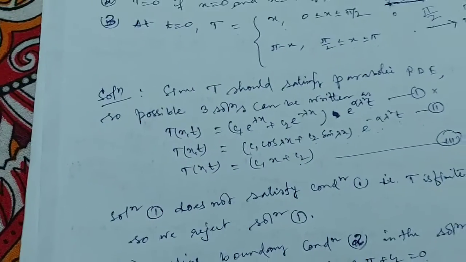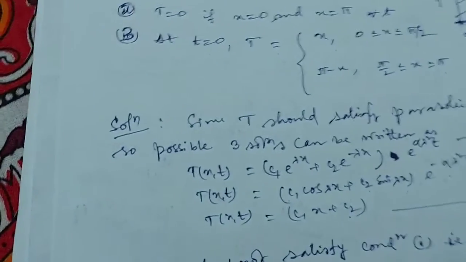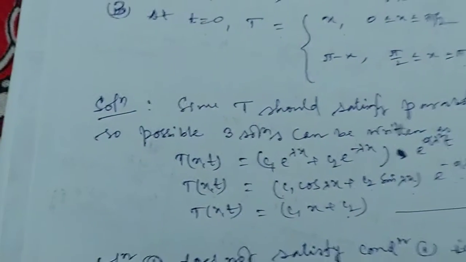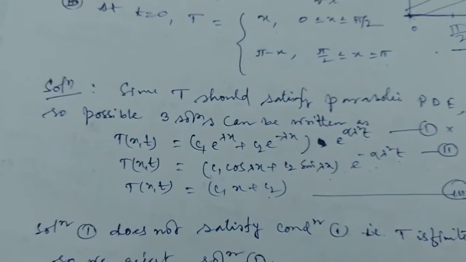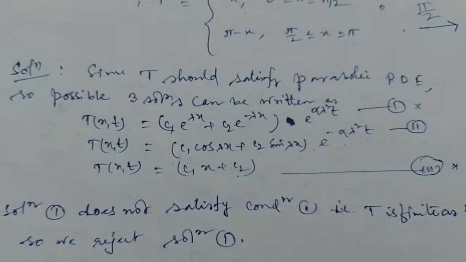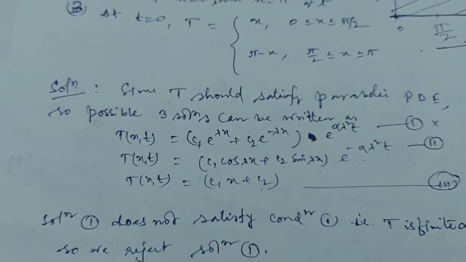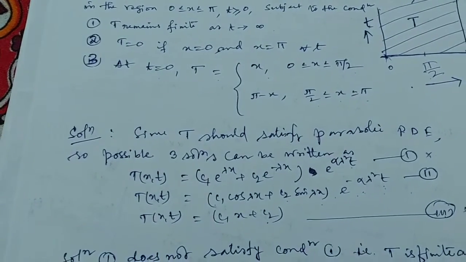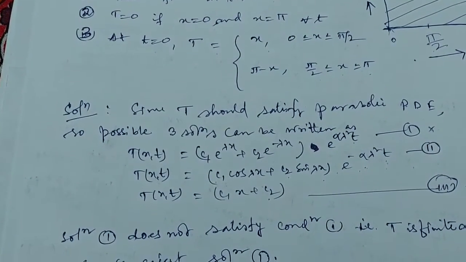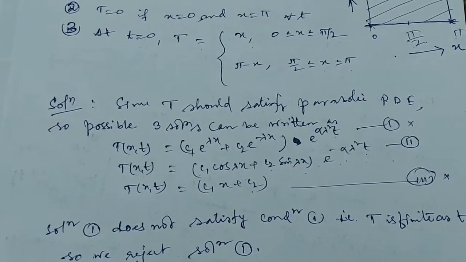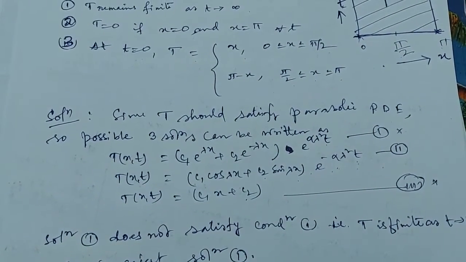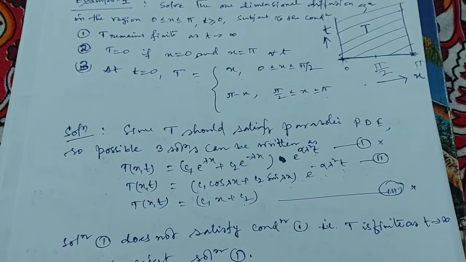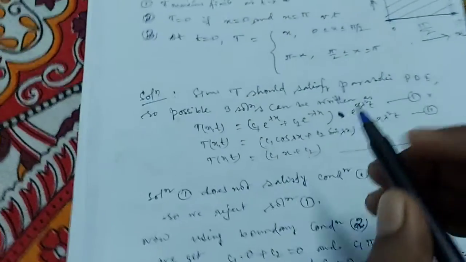So we will get three possible solutions of T(x,t), which are given in equations 1, 2 and 3. Now we use the given conditions to get a solution. If we take solution one and use the first condition, T remains finite as t tends to infinity, then what will we get?